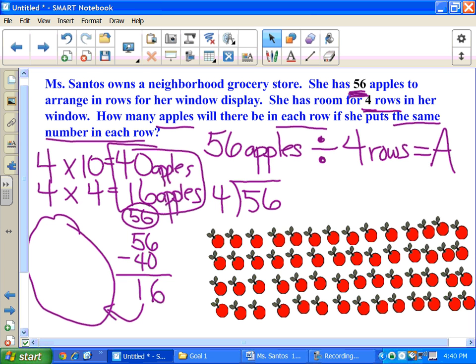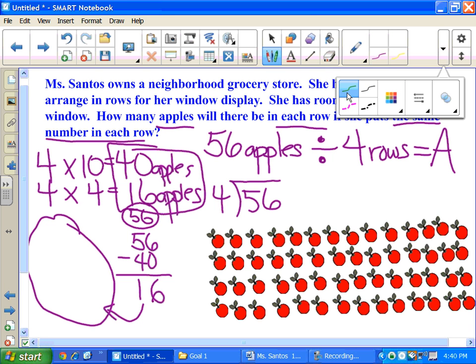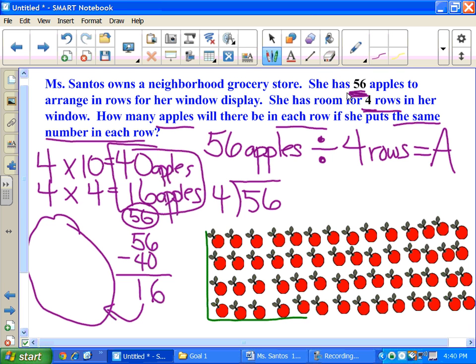Perfect. We were able to take, instead of doing 1 apple at a time, we went ahead and said, well, wow, I'm just going to go ahead and do 10 apples in each row, and I'll use up 40. So here we have the 4 rows with 10, 2, 4, 6, 8, 10.